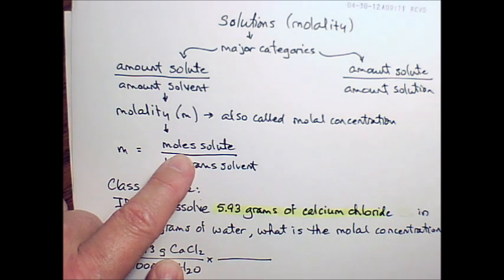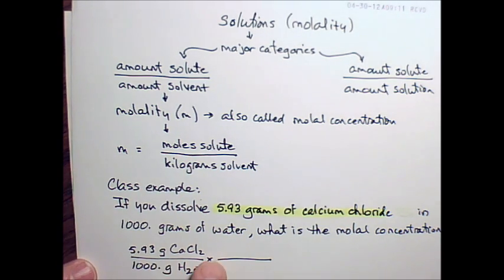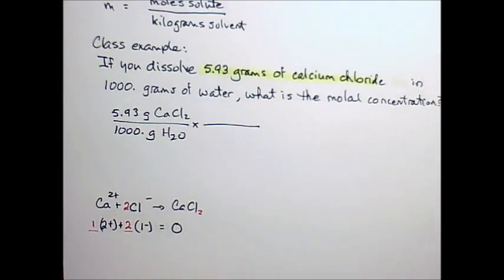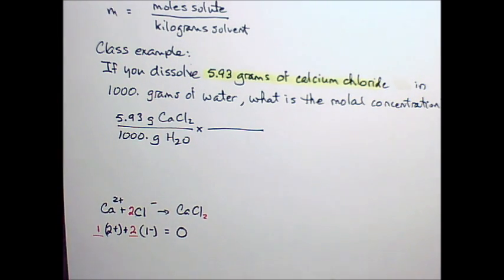And how do you do that? Molar mass. You've got to calculate the molar mass and do a unit conversion here. We've been doing that for 2 months. Calculate the molar mass of calcium chloride now and build this conversion unit, please. This is your class assignment.